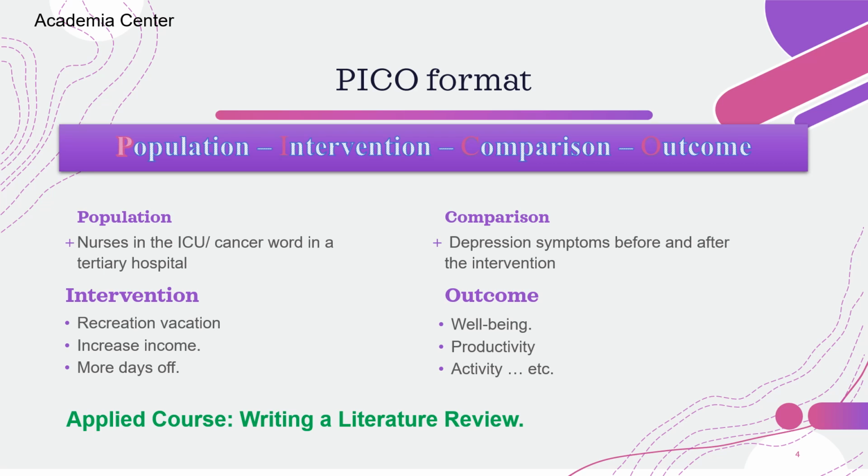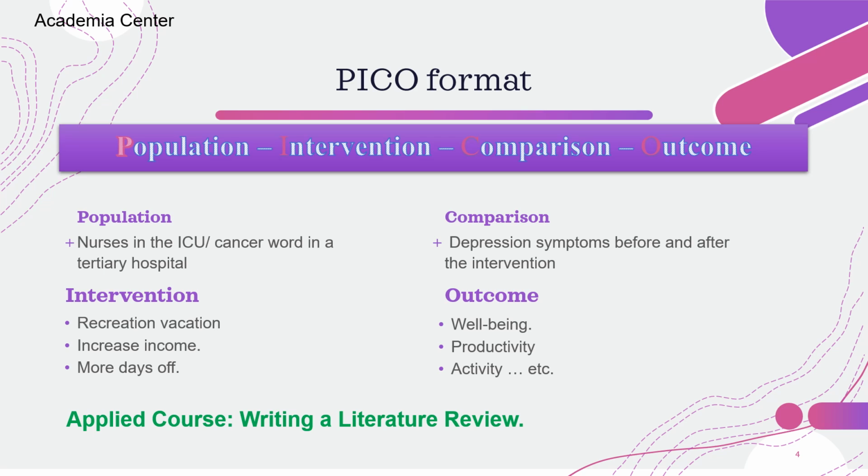We want to test the depression symptoms, because nurses in the ICU are more prone to suffer from depression because of the high level of stress they face. So we want to intervene. What if we give them some recreation vacation, some more money, give them more days off?